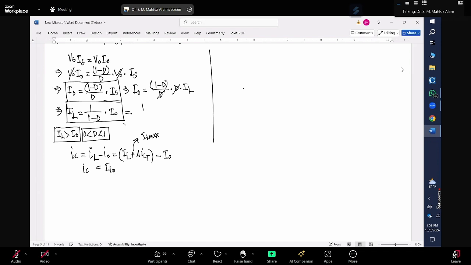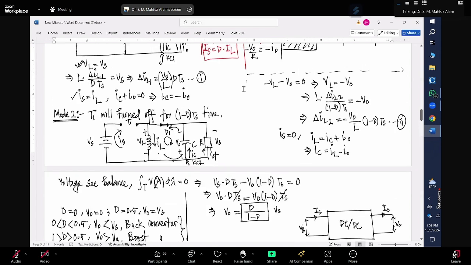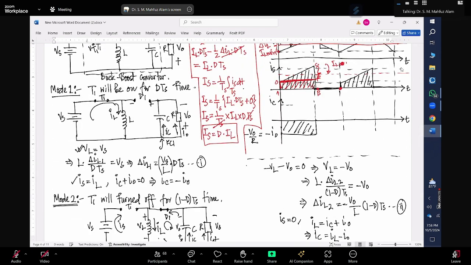It should be IL max minus I naught, right? Meaning your capacitor current here will have this value, IL max minus I naught. It will start from here and discharge like this. So this point will also be IL min minus I naught. And this capacitor current will be like this for the rest of the circuit.